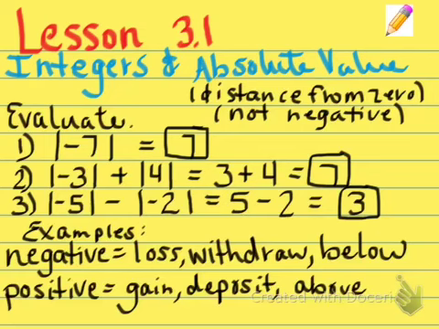Some things that represent positive situations with integers would be a gain of 5 yards in football, or you deposit money into your checking account, or you have temperatures above 0, or you have elevations that are above sea level. Okay, make sure you pause if you need to write this down, and then move on when you're ready to the next slide.